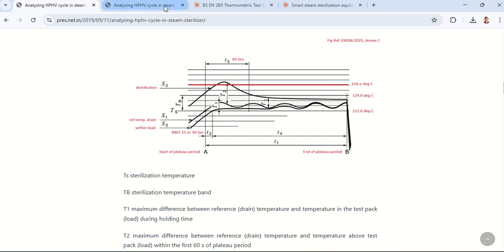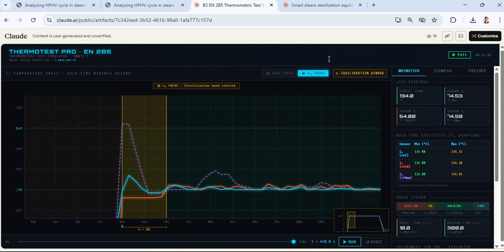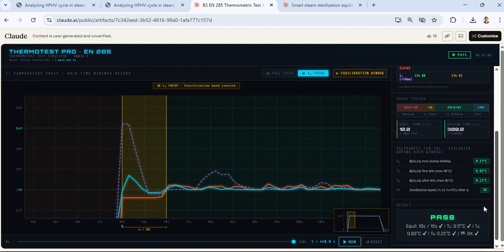Again, you can see in my graph all those differences mentioned. You can see all the delta values here, and all are within 2 degrees. And this is the 60 seconds. The difference between the distribution and the drain temperature is allowed up to a maximum of 5 degrees in the first 60 seconds, where you can see this hump here.